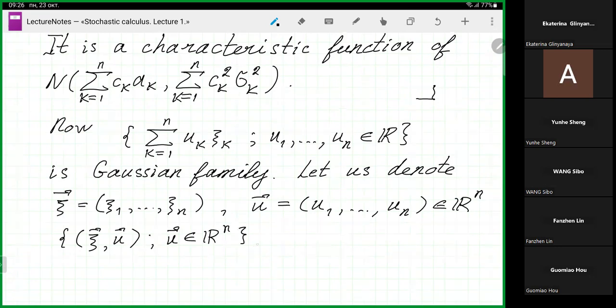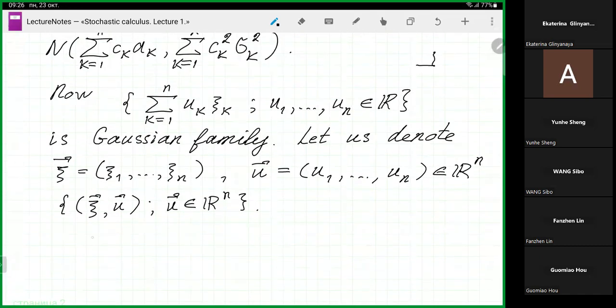From this point of view, it is good to have the following definition. Definition.